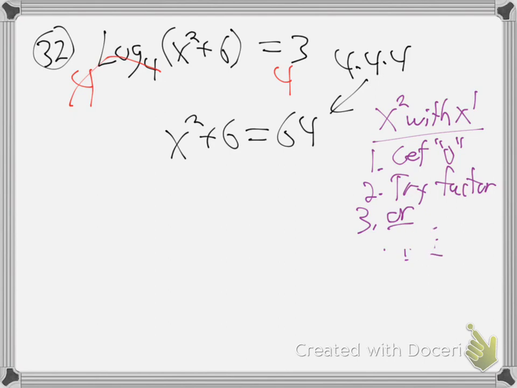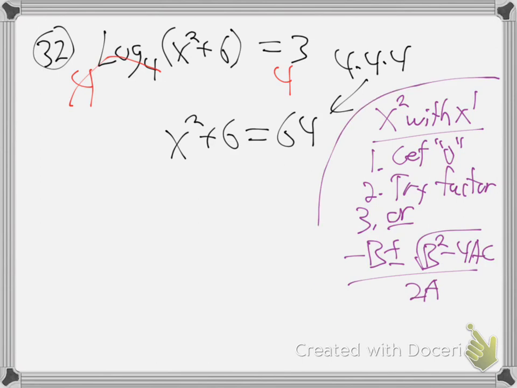Or you could do the negative b plus or minus the square root of b squared minus 4ac, all over 2a. That's all if you have x squared and regular x. If I had a regular x here, then I would need to get a 0, try to factor, and if it doesn't factor, use the quadratic formula.